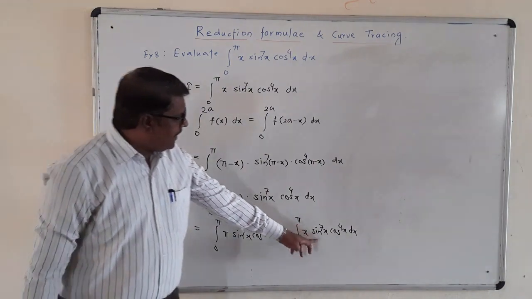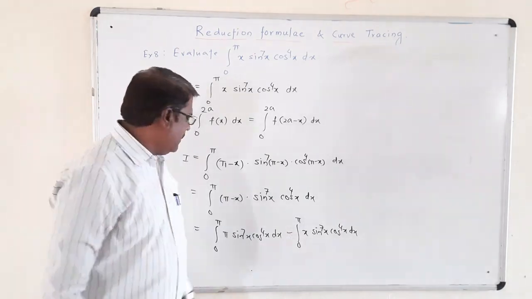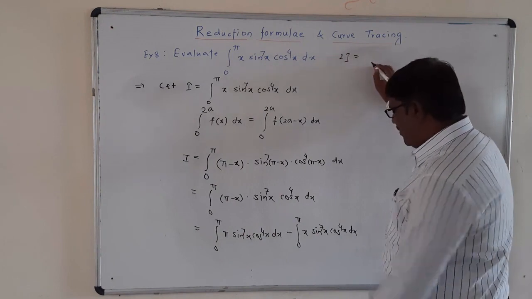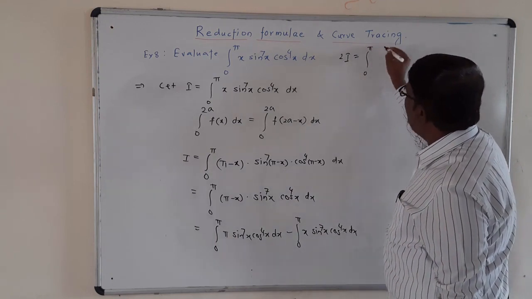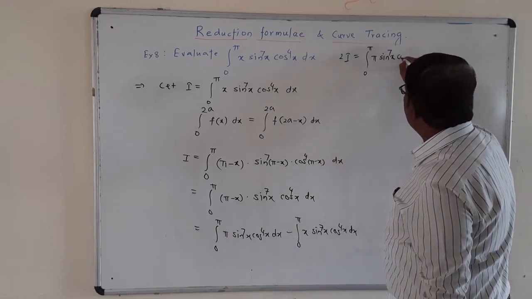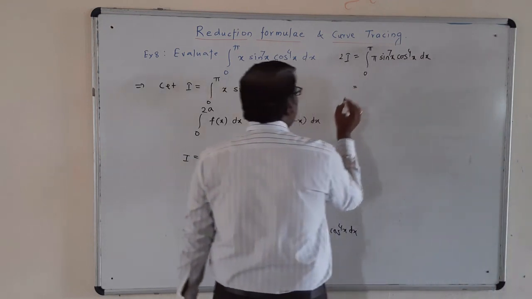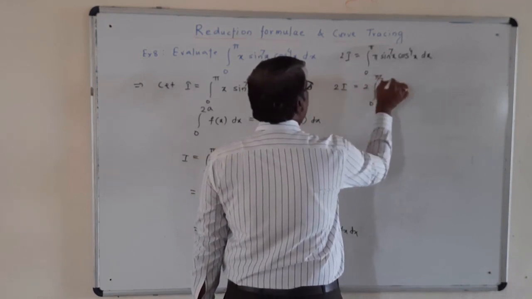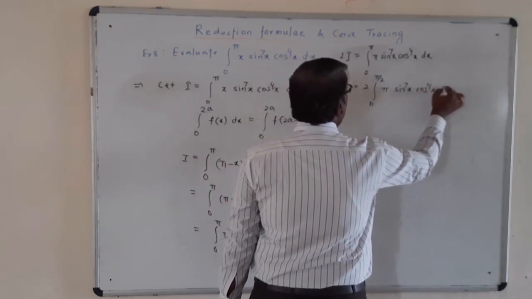But this second integration is nothing but the value of I. So I can replace this second integration as I, then I will get 2I is equal to, because I have transferred this integral on that side, 2I is equal to the integral from 0 to pi of pi sin^7 x cos^4 x dx, and which is nothing but, now here I will write this as 2I is equal to twice the integral from 0 to pi by 2 of pi sin^7 x cos^4 x dx.